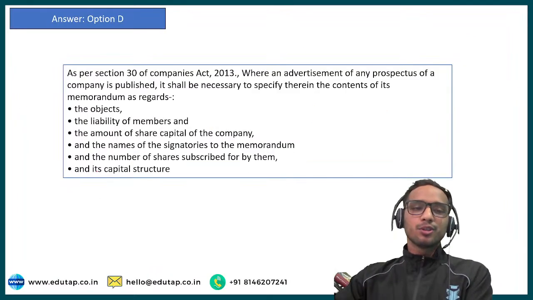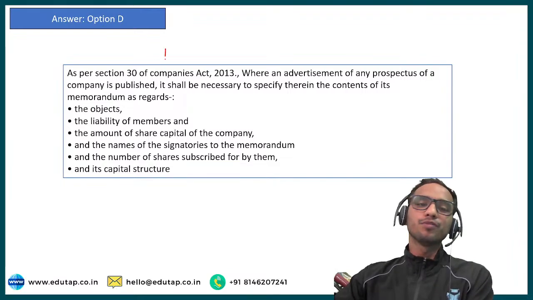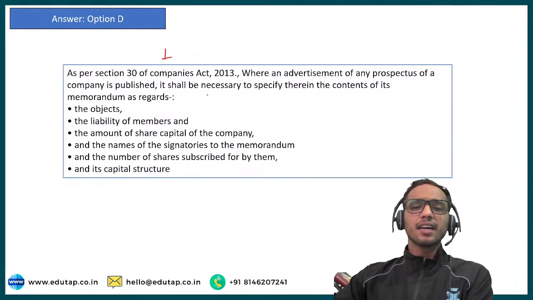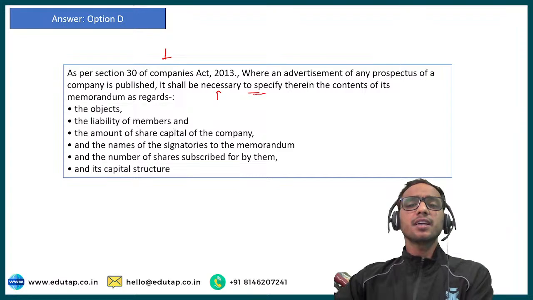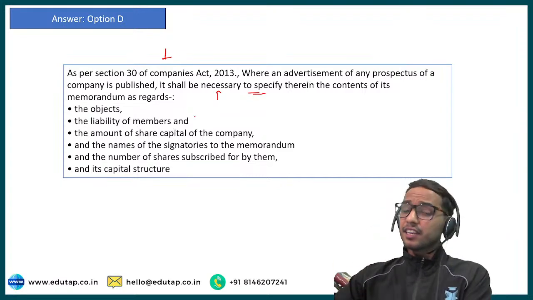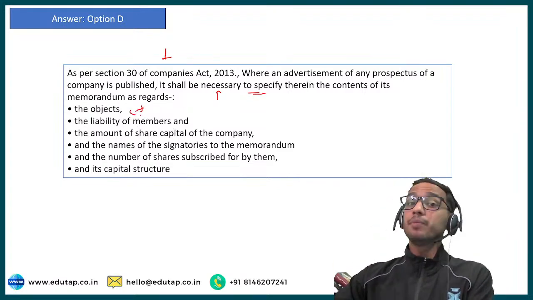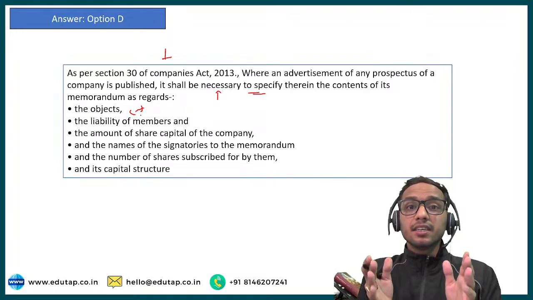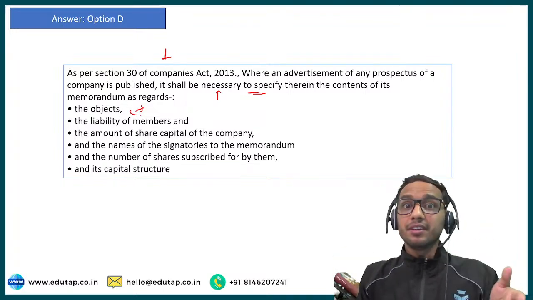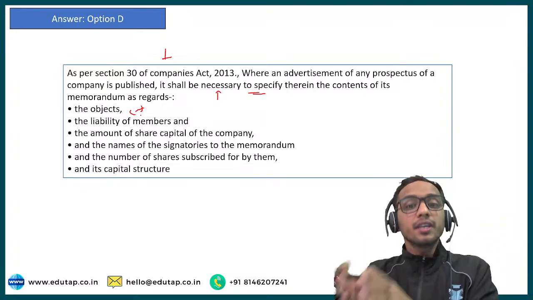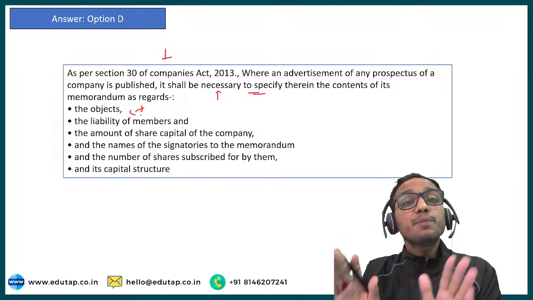That's very good. So let's read out section 30 of the Companies Act in detail. It says that it shall be necessary to specify certain things, and that includes the object. Object means the business activities that the business is going to have, and that needs to be mentioned in the advertisement of any prospectus.